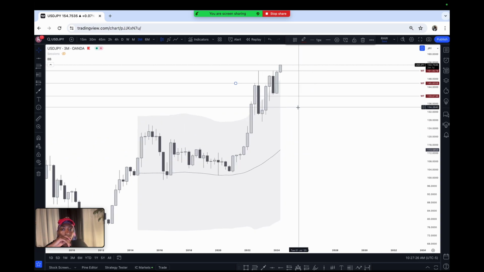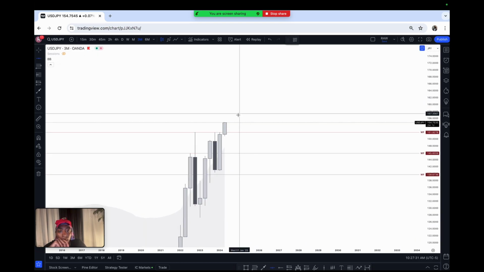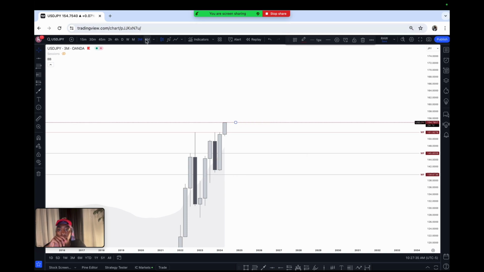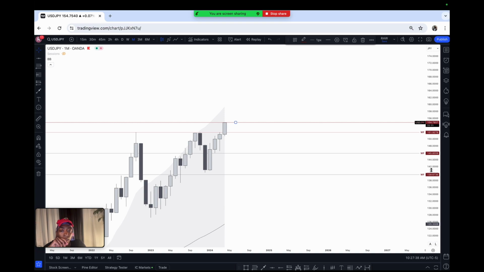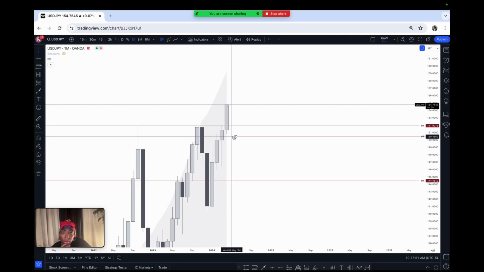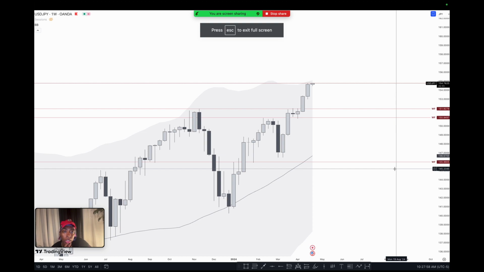And where price is right now, I'm going to mark that up as well. I can see a small little wick, so let's see if I can see it clear. If anything is going to touch these support levels, I'm gonna move this up even further. Let's go to the full screen.